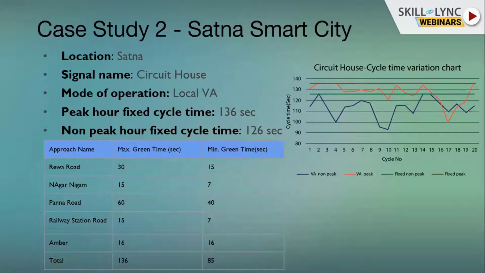But if you deploy vehicle actuation mode, you can see that sometimes the timing is similar to the fixed time, but sometimes you can see less time than the fixed time. That means you can save a lot of time. This time can be used to increase the number of cycles per hour, and you can also pass a lot more vehicles than in the fixed time. So you can make your city smarter and use your resources in a smarter way.